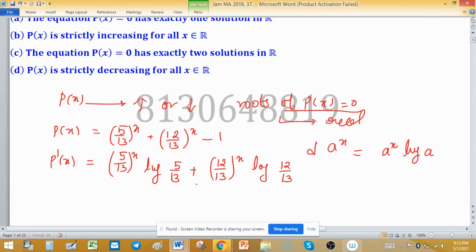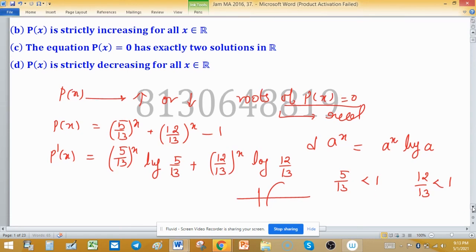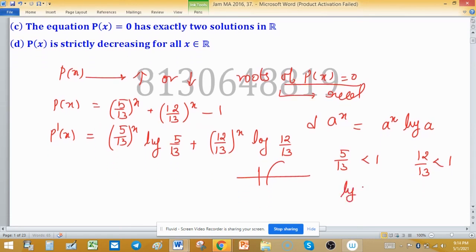As we know, 5/13 is less than 1 and 12/13 is also less than 1. The graph of the log function goes like this, the value at 1, log 1, is 0, and log a, when a is less than 1, is negative. So this is a negative value and this is a negative value.